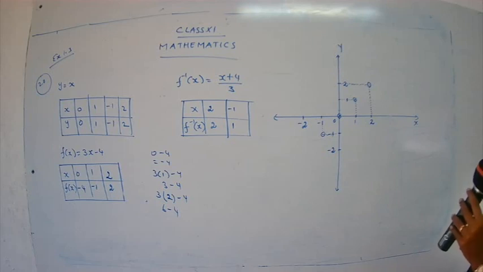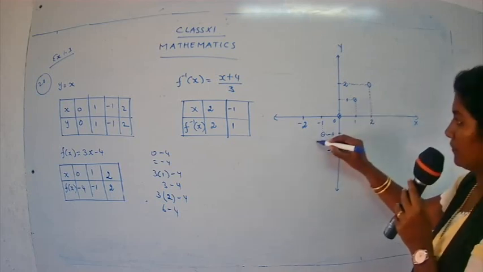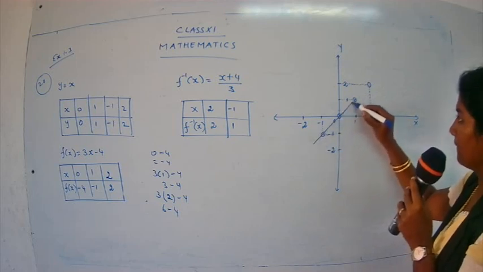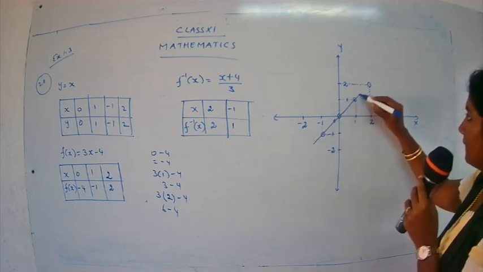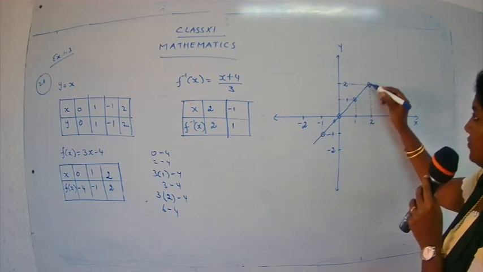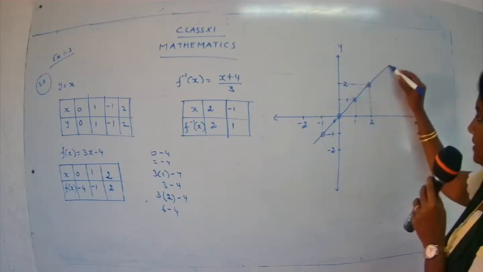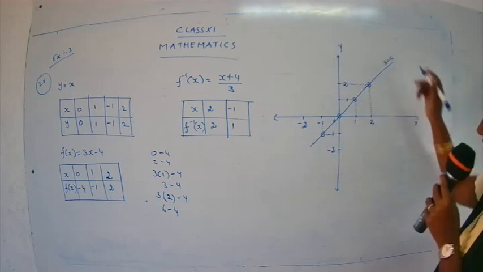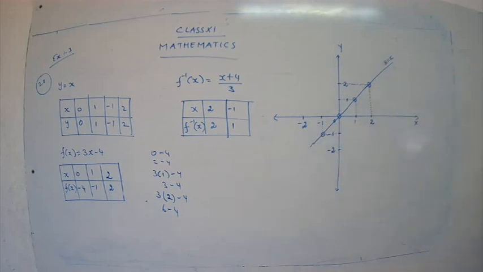You will get a straight line over here. So draw a straight line passing through all the points. Write down here y is equal to x. So we have plotted the graph of the first function, that is y is equal to x.